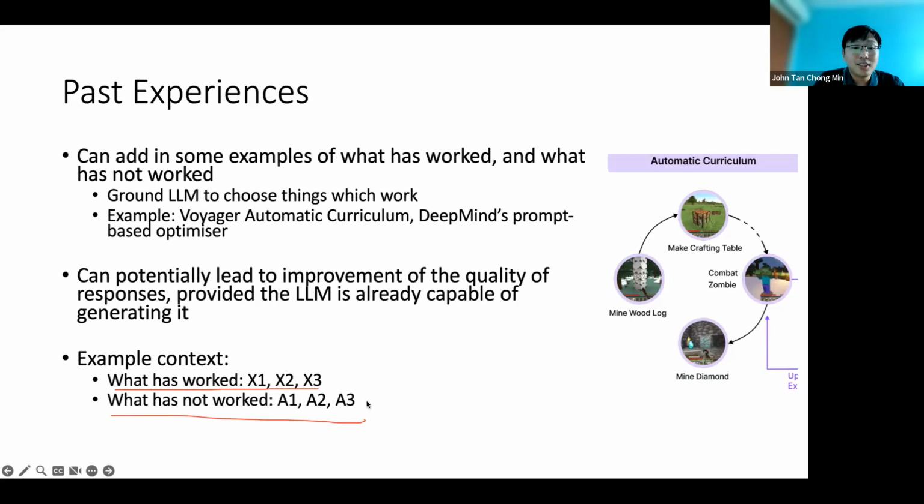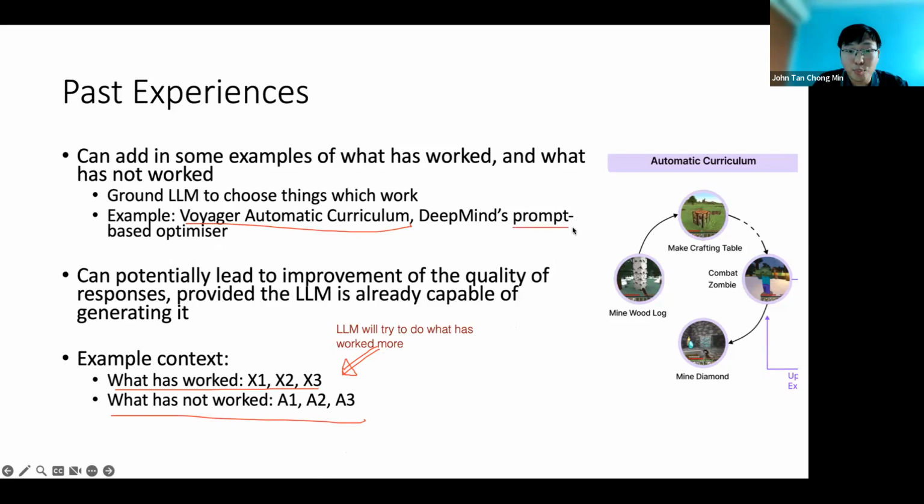So essentially you are giving some categories to the large language model, and the LLM will try to do what has worked more. One example of this is the automatic curriculum in Voyager. They use this method to say what has worked, what has not worked. So it's to tell the agent, give me more curriculum that actually is suitable for me.